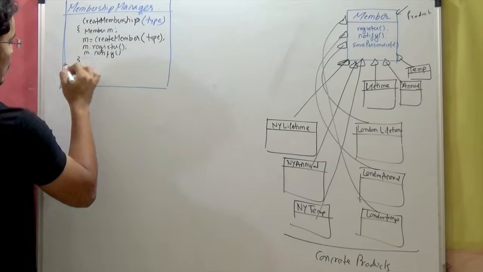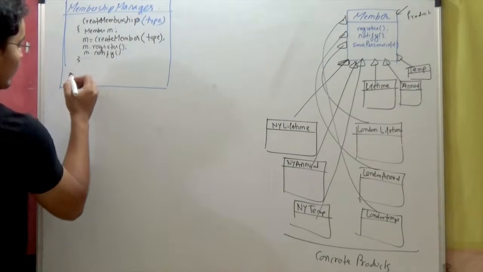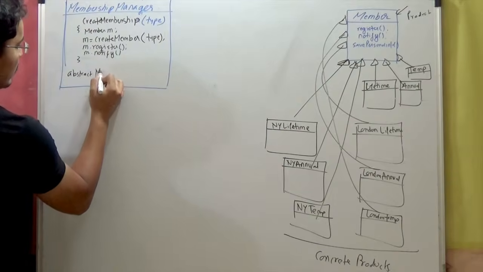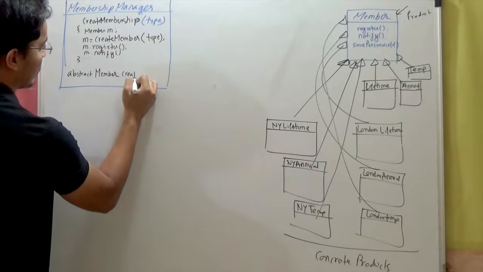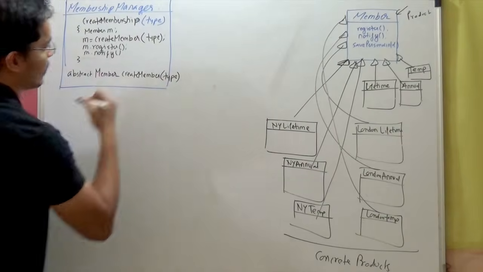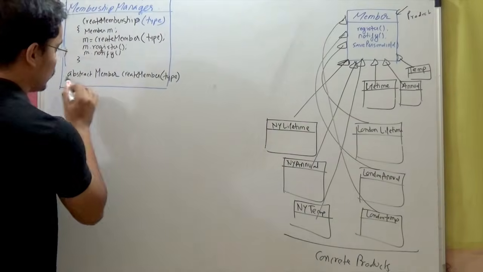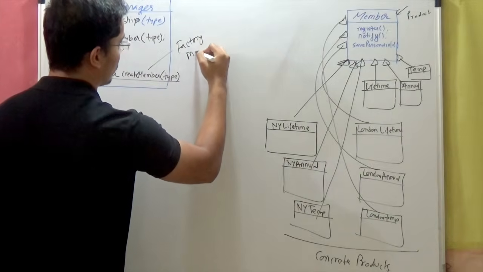The common code. And this membership manager abstract class will have an abstract method which will return member. This method name is called create member, which will require an argument type. This is an abstract method. This is actually our factory method. You remember what a factory method is, right?